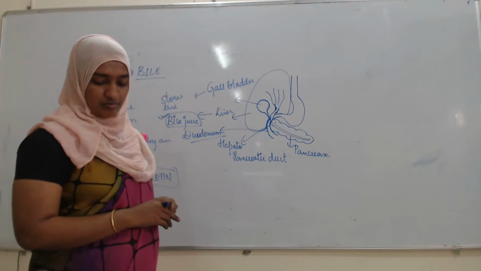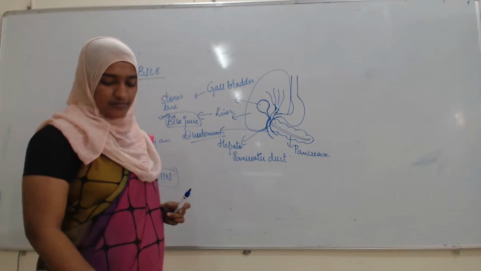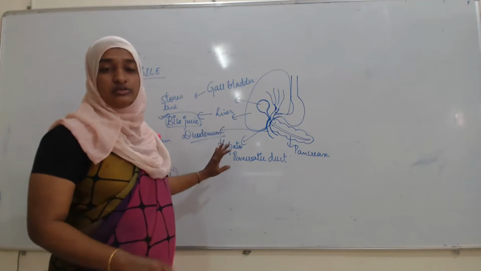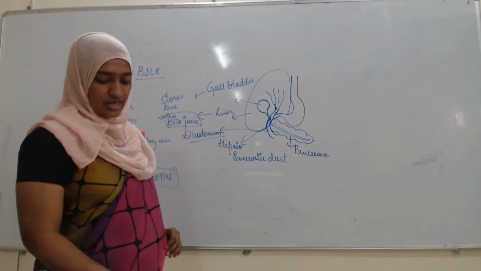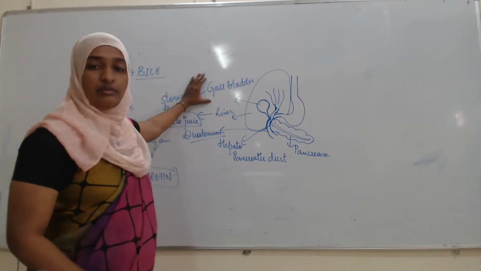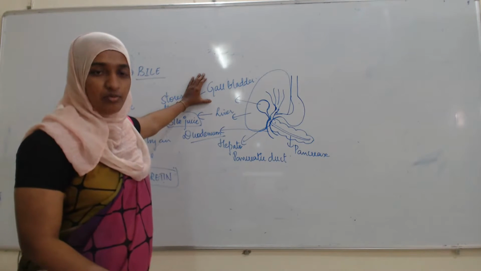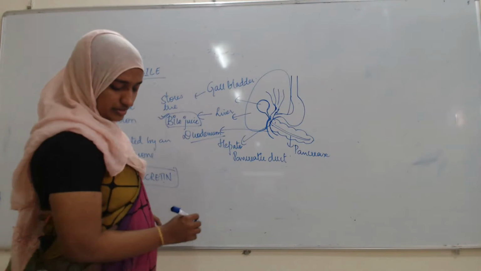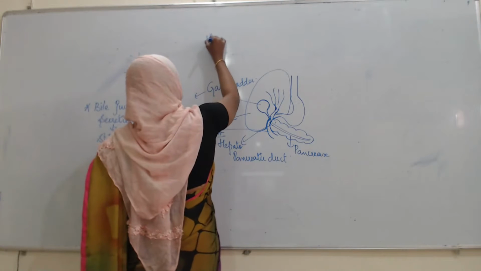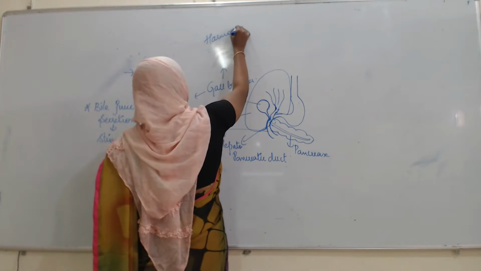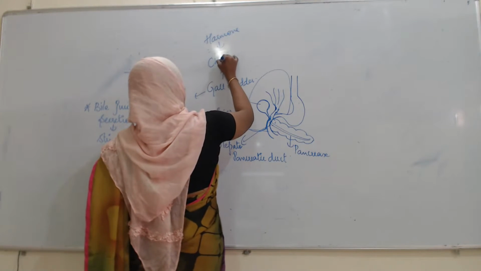See, before going to the composition of bile, the gallbladder is under the control of a hormone, and that hormone is known as cholecystokinin. The name of that hormone is cholecystokinin.